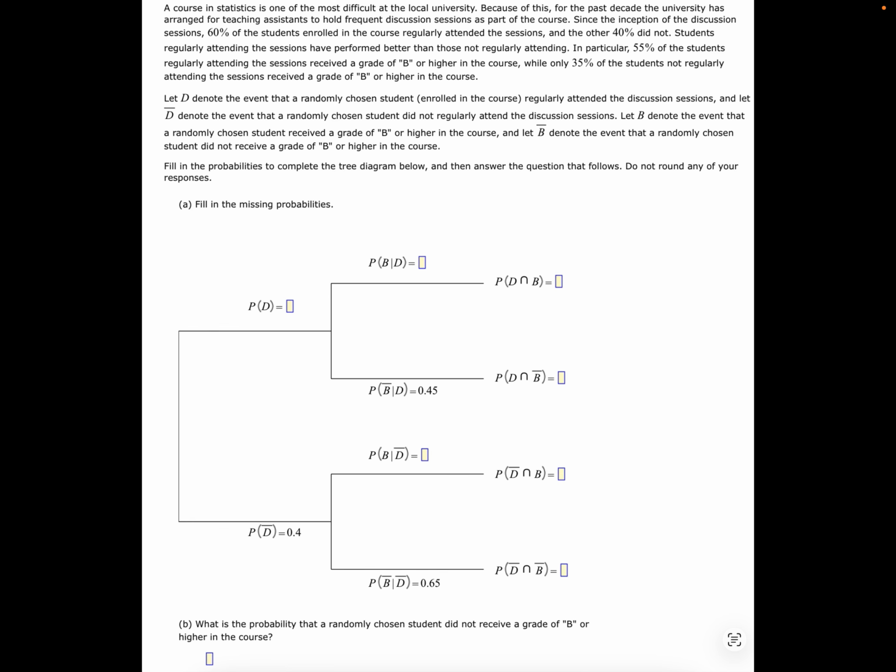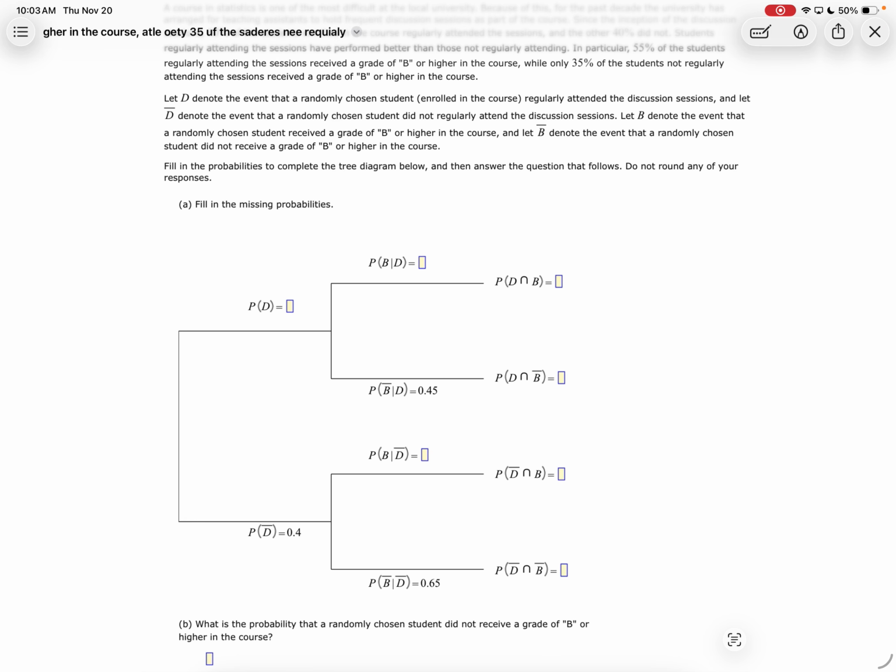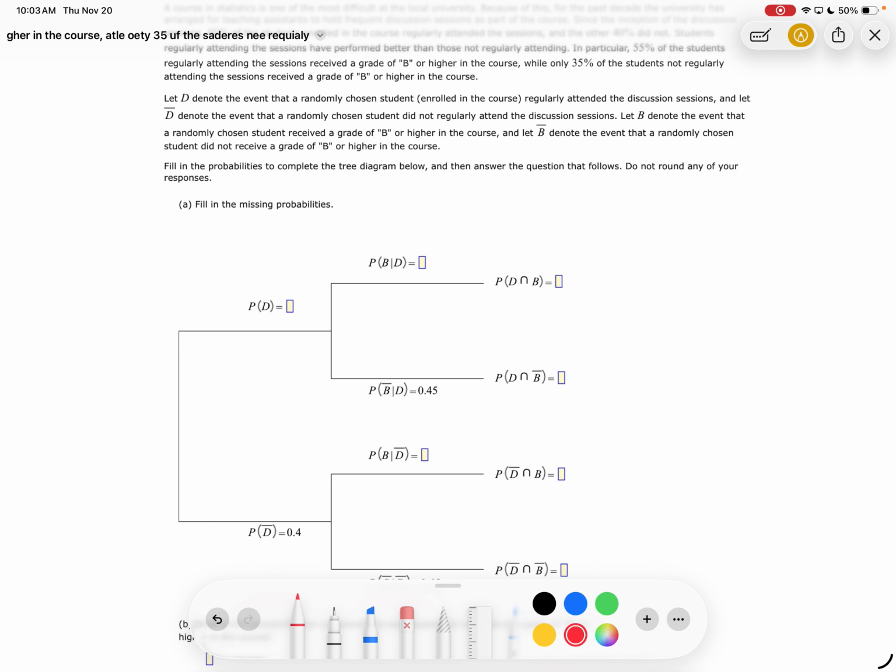Come on. It knows. You know, this is the last topic that we do in this class. It knows the end is near. 0.4 times 0.65 on the last one is 0.26. Okay, so you just follow the path and multiply those, and it should get your answer. And again, that adds up to 40%, so it works like that.